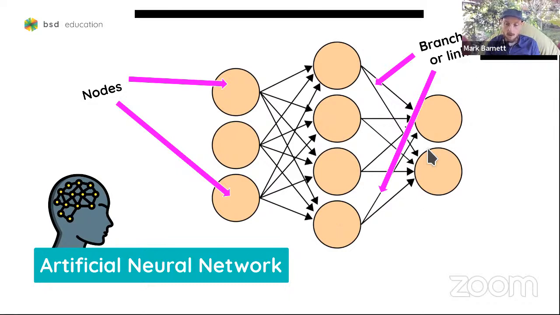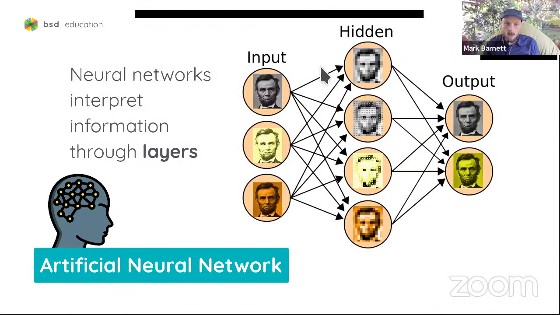So let me break that down a little more and give you an example of how that might work using the Abraham Lincoln image. I told you earlier that machine learning can only do what we tell it to do. So let's say we wanted to build a machine learning tool that was really good at recognizing images of Abraham Lincoln. We have to give it some input. We have to tell it, this is a really good image of Abraham Lincoln, so we would call this good.